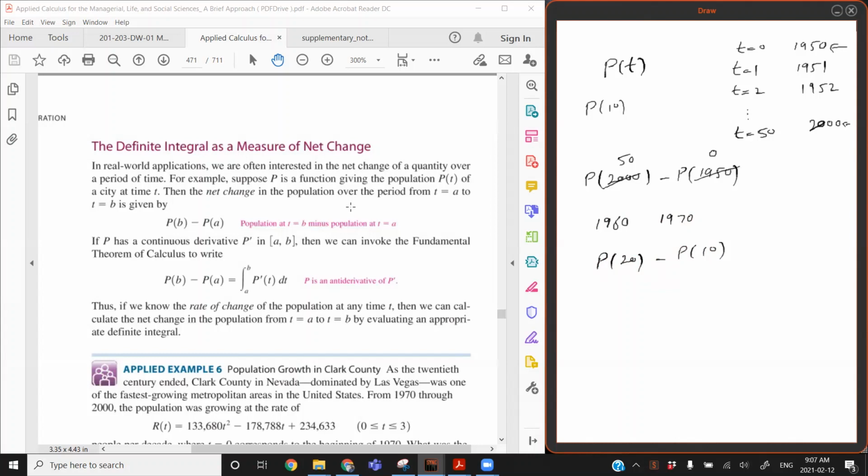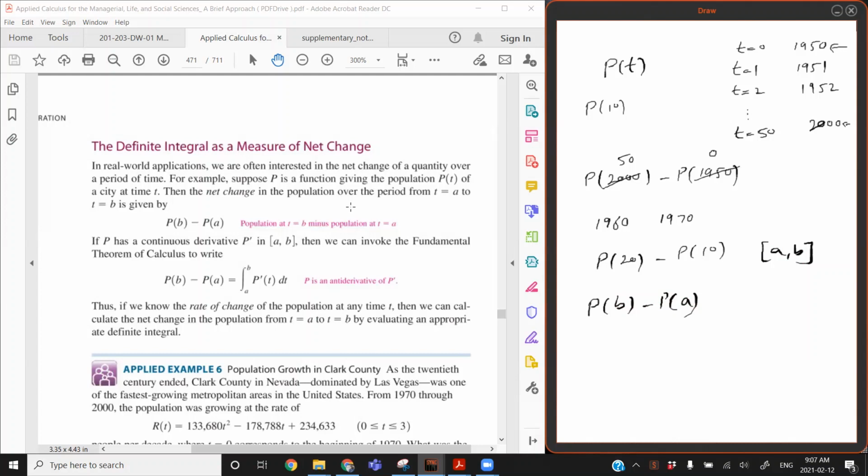Again, could be positive, could be negative, because it depends on whether the population increased or decreased over this period. So generally, if I have a period from A to B, P(B) minus P(A) would be the net change within this interval.